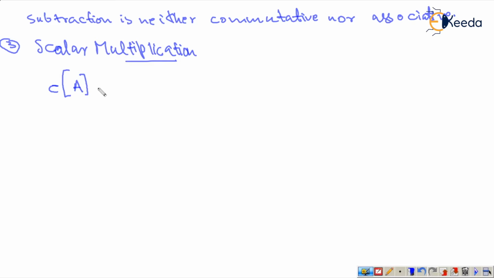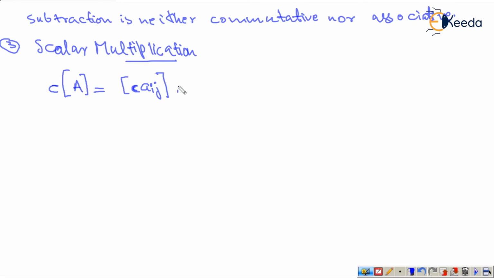So this can be given as c times the matrix Aij, right? Every element Aij is multiplied with this constant c.